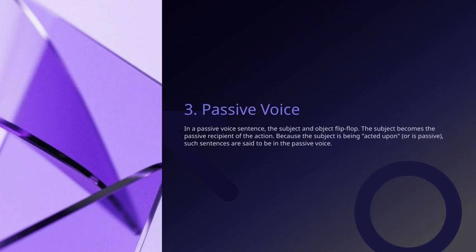This concept is important because understanding passive voice helps us recognize different sentence structures and communicate more clearly. It also ties into our overall theme of mastering effective communication. Knowing when and how to use active or passive voice can make your writing more precise and engaging.